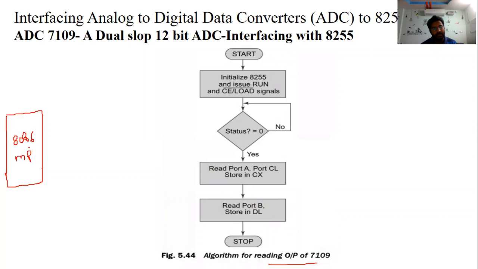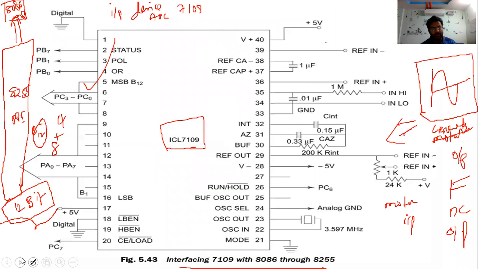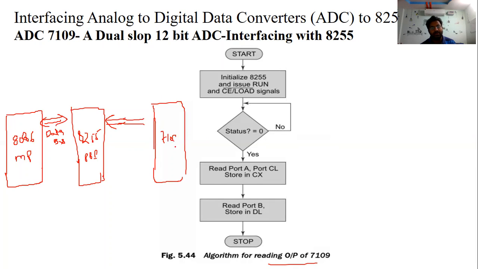8086 microprocessor. In this we are connecting the data bus to the 8255 PPI. Then you can represent whatever circuit you have and draw the lines, and you will get the clarity.